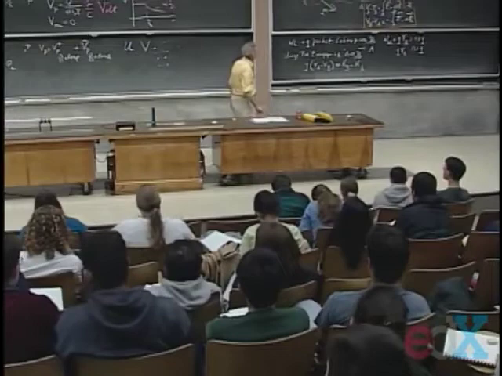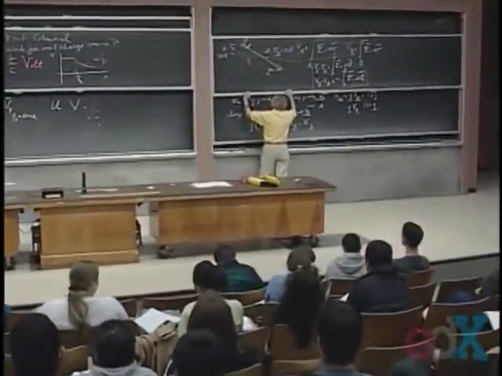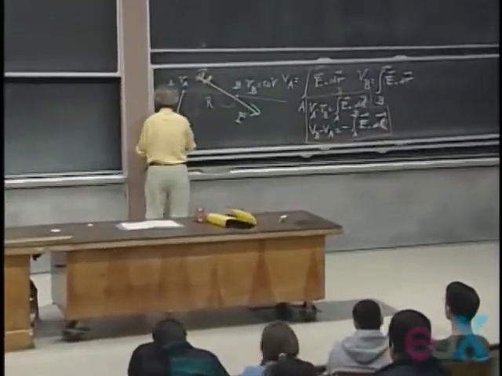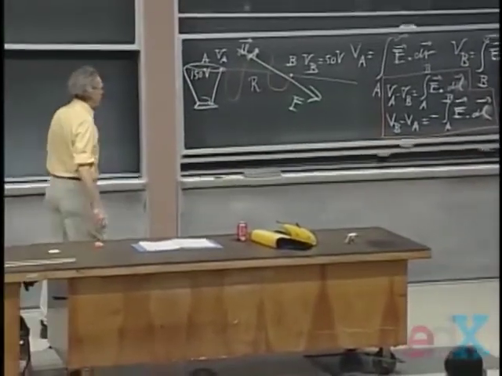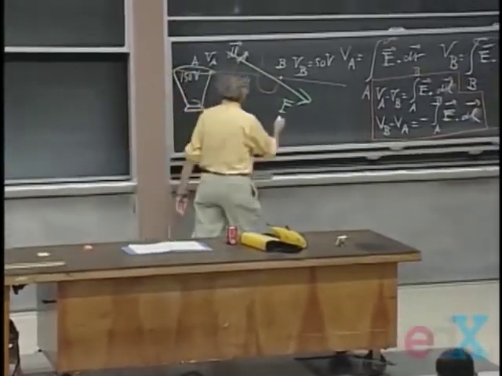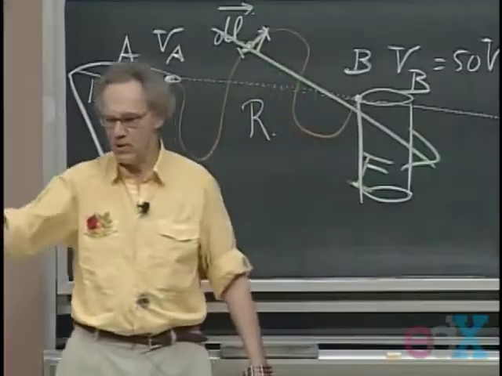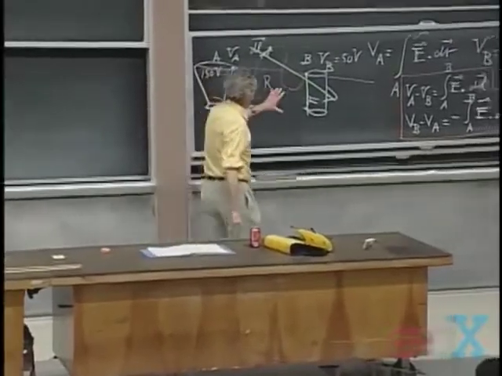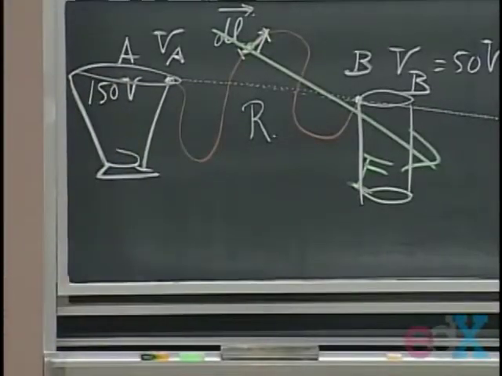So, I could, for instance, attach point A to a trash can, a metal trash can. So the whole trash can would be at 150 volts, and I could put point B, make it part of my soda, which is also made of metal. And so the whole soda would be at 50 volts, and the entire trash can would be at 150 volts.